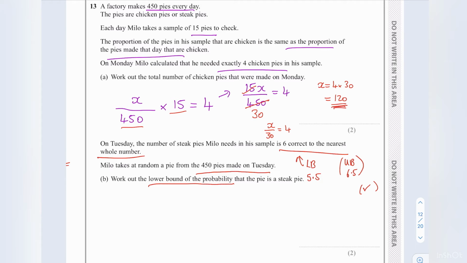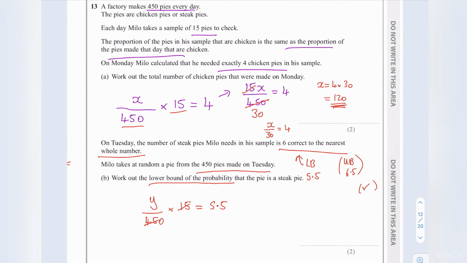Then we do a very similar approach as to above. So we don't know how many pies there are, but we know there's 450 in total. He takes a sample of 15 every day, so therefore we times that by 15, and this time we got the answer 5.5. Now we again cancel our fraction. So that leaves us with y over 30 is equal to 5.5.